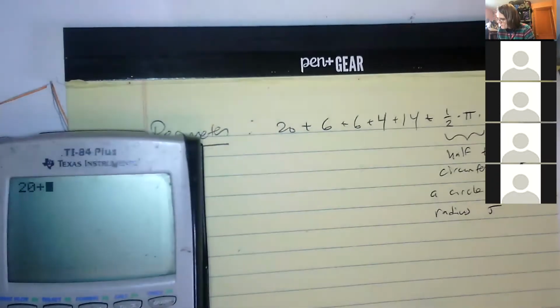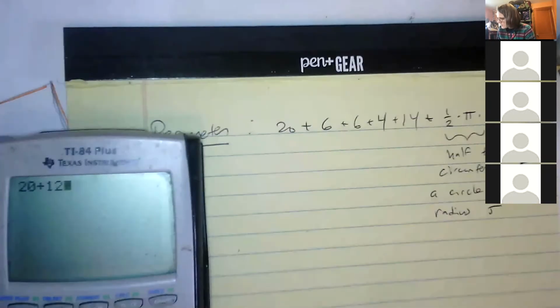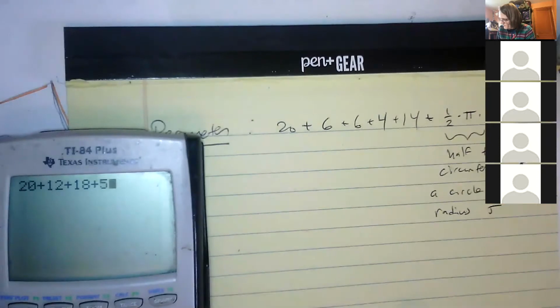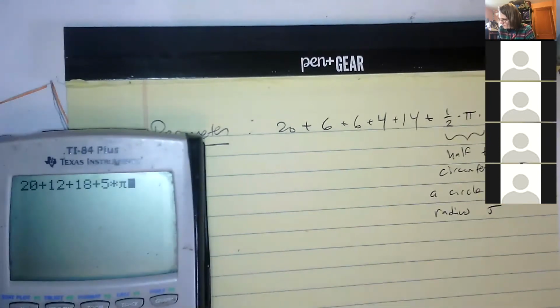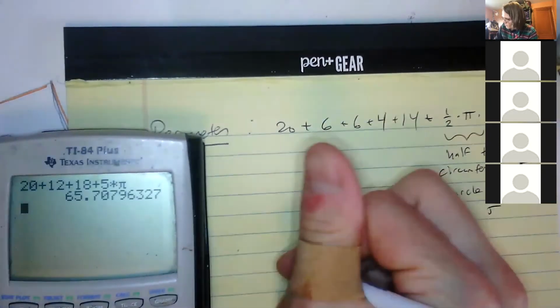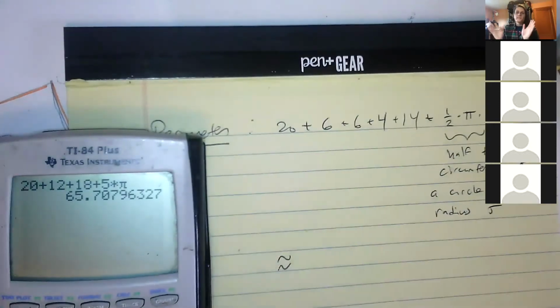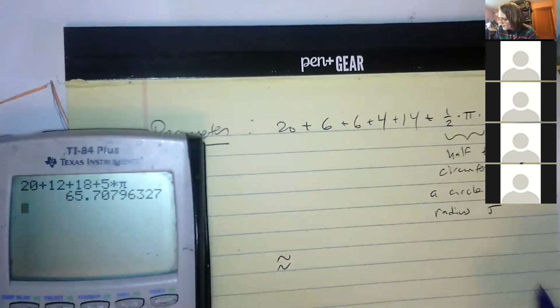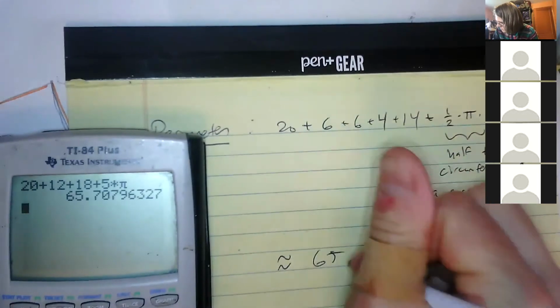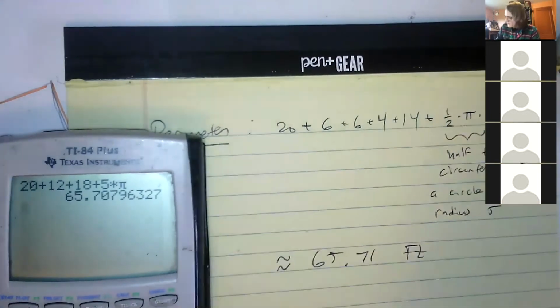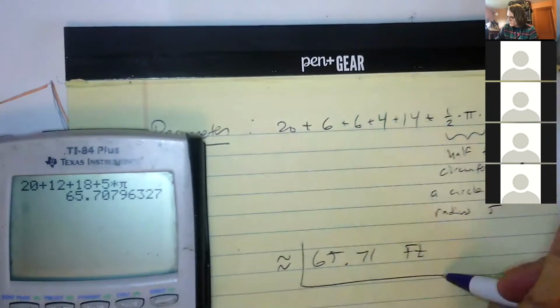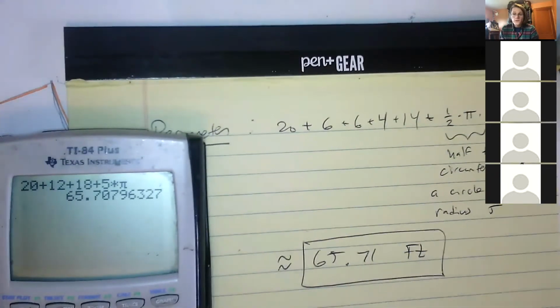So 20 plus 12 plus 18 plus 5 times pi. It's approximately, because I'm going to round because of pi, 65.71 feet. So it's a real thing.